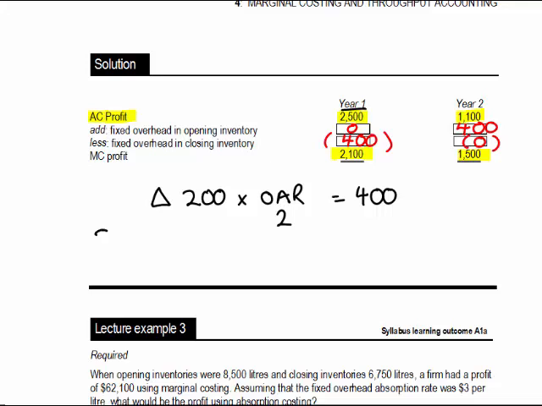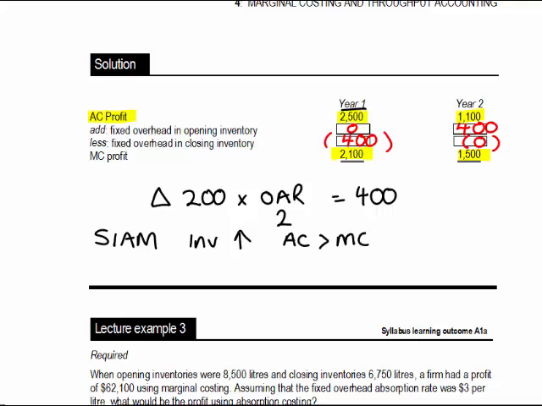Then all we do is think, well, let's go through SIAM. Are stocks increasing or are stocks decreasing? Well, in year one, our inventory was increasing because we started off with 0 and ended up with 200. That means that absorption costing profit will be higher than marginal costing.